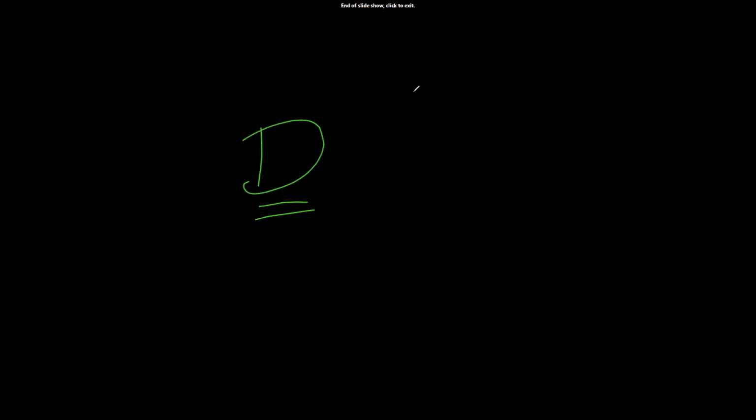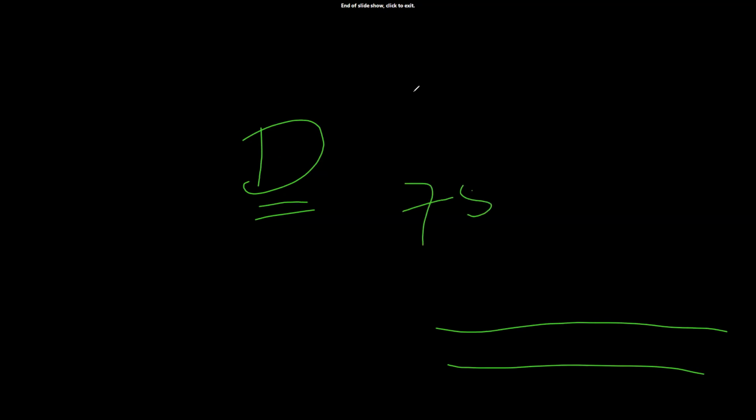Suppose your higher time frame is daily. What is your lower time frame here? 75. Okay, so 75 minute is downtrend. Then what you should look at is the force in 75 minute.